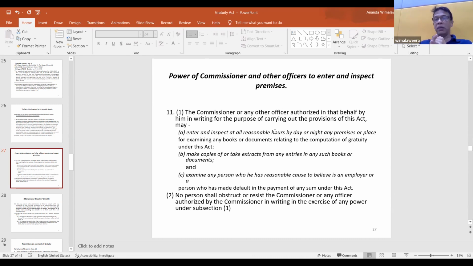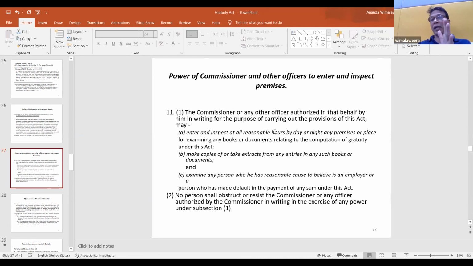He has all powers. So he can delegate his powers to additional Commissioner Generals, commissioners, deputy commissioners, assistant commissioners, and labor officers. But those who are working in the labor department as accountants or clerical staff, even though they hold the labor department identity card, cannot enter any work premises.